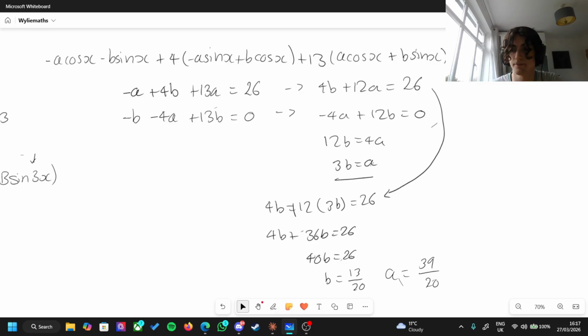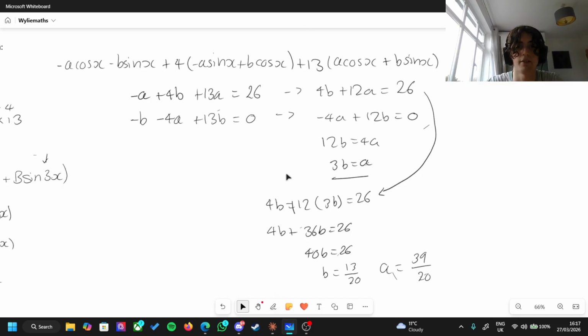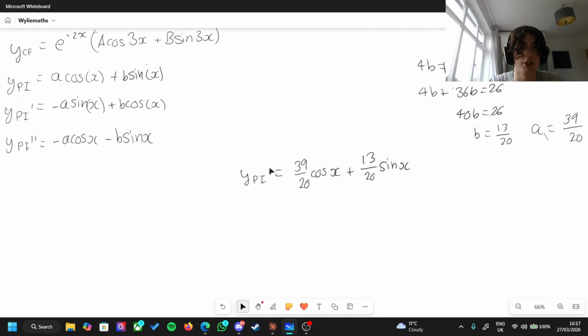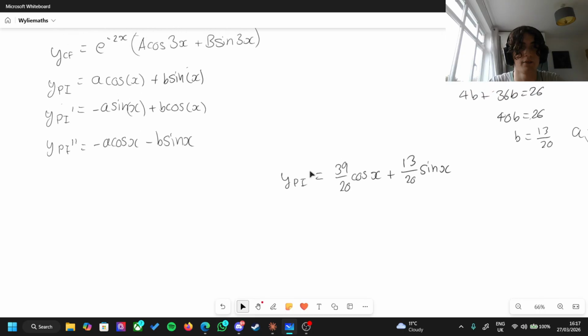So our particular integral is thus of the form y particular integral is equal to 39 over 20 cos x plus 13 over 20 sine x. That is our particular integral. So what is our general solution? Well, we add our particular integral to our complementary function.